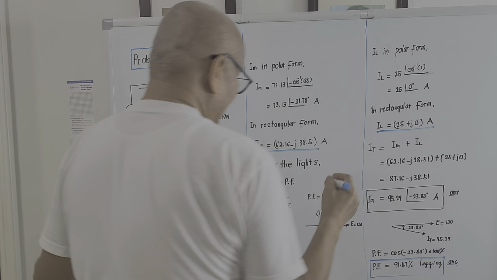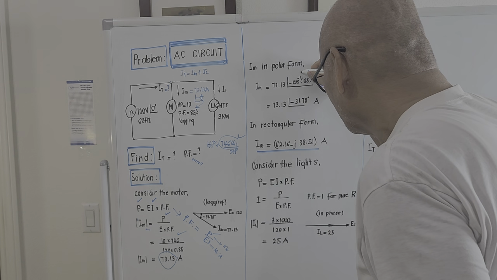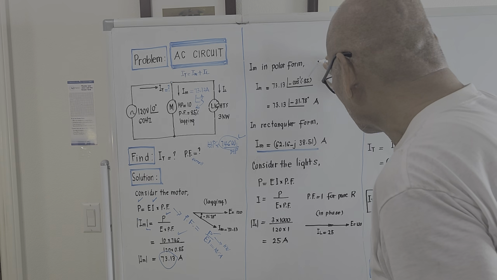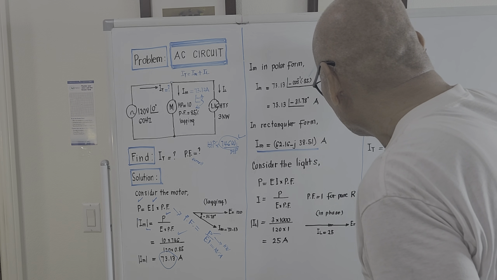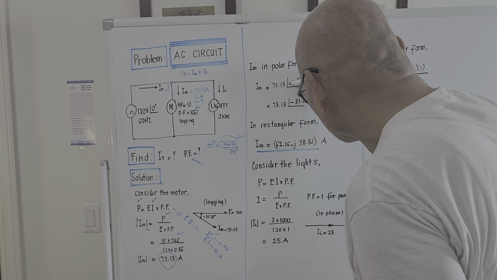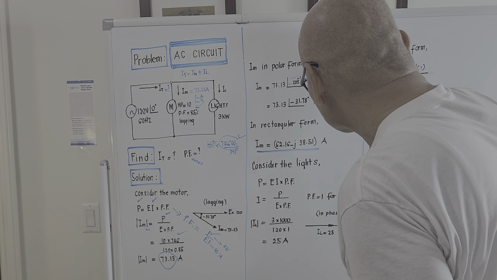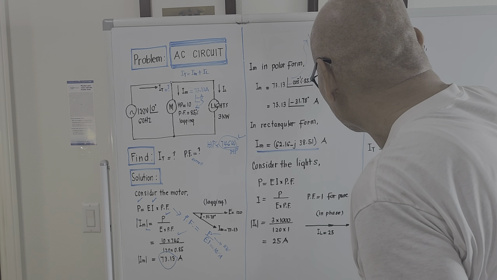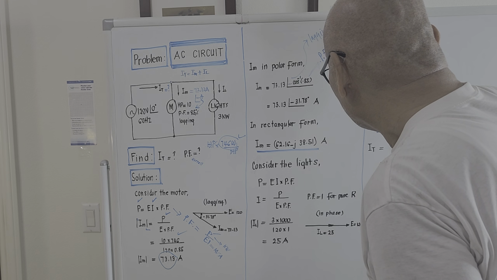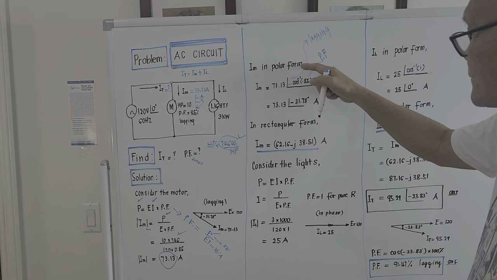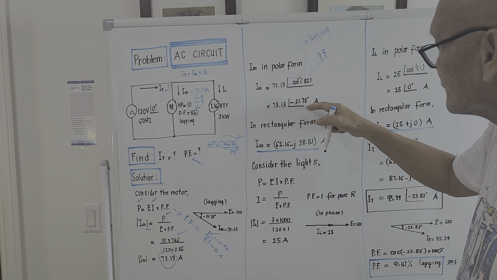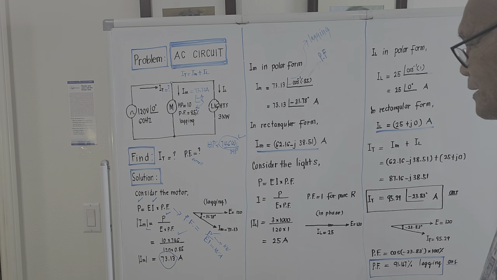The angle will be the arc cosine of the given power factor. This is the given power factor. Okay, but I will place here a negative sign. The significance of this negative sign is that this is lagging. Right? So if I take the arc cosine of 0.85, that is negative 31.78 degrees.